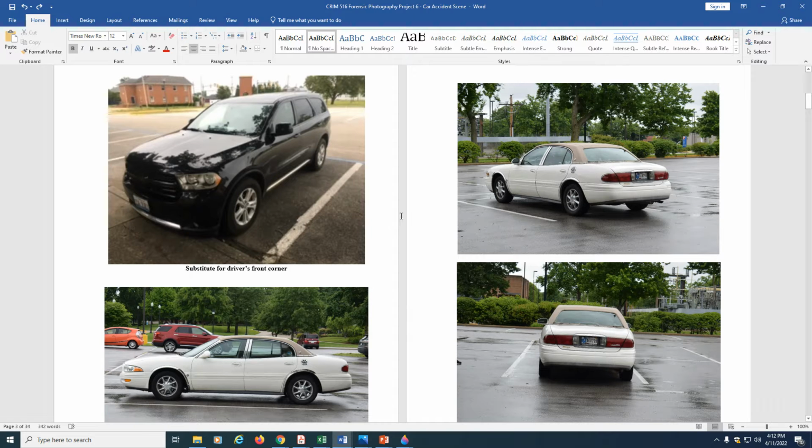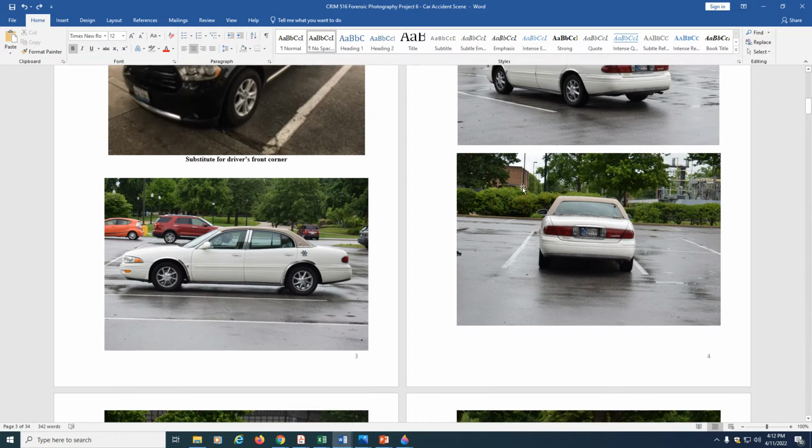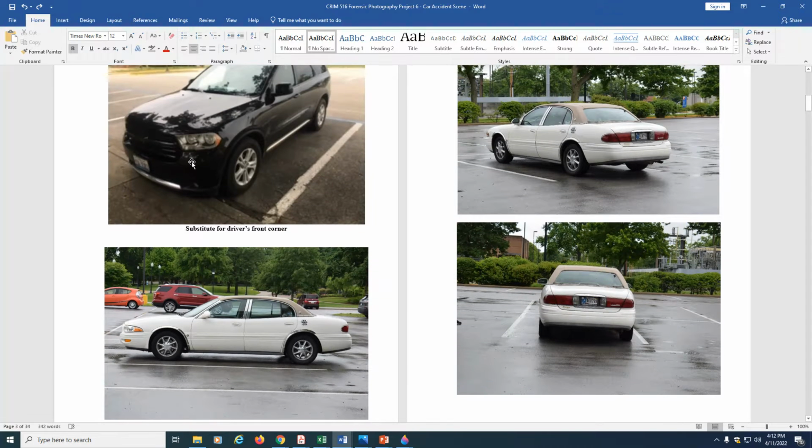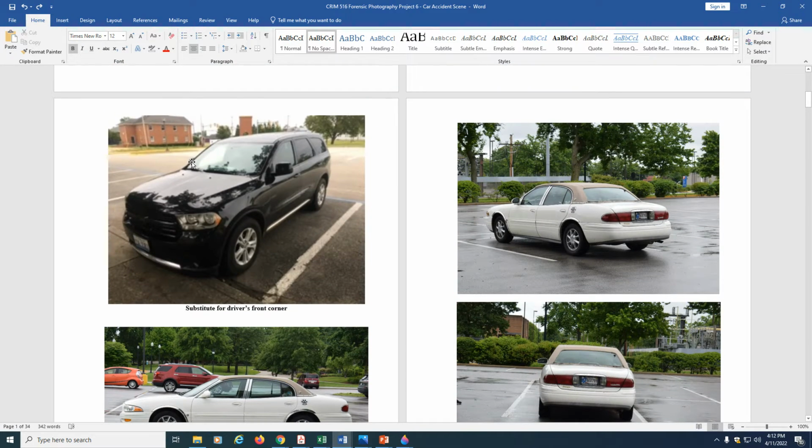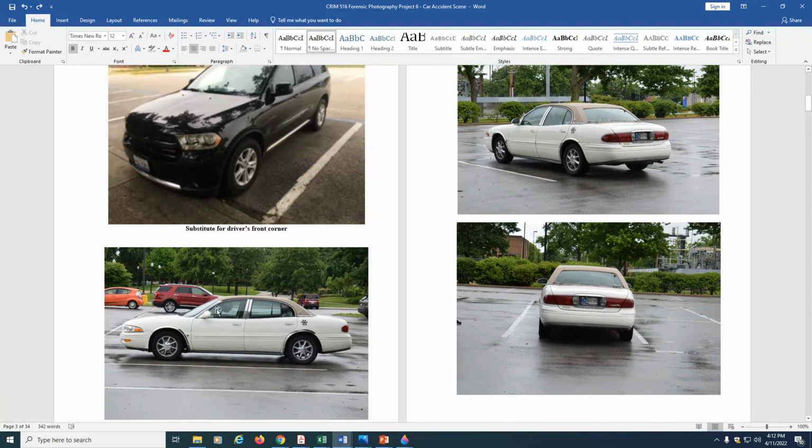So what we would do here is you are making your way around the vehicle. So I've started at the front driver's side. Next picture will be from the side, about the same distance. You want to be able to get the entire car into that, fill the frame with that car. Okay.